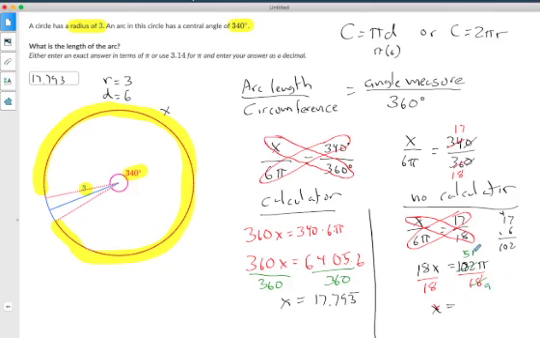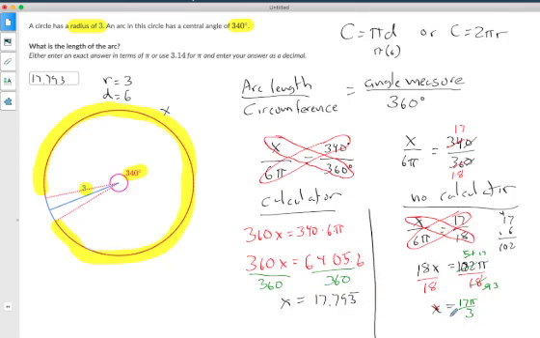And I might know that 3 goes into 51, so I'm going to divide that again. 3 times 17 is 51. And 3 times 3 is 9, so I have a 3. So I have 17 pi on the top and 3 on the bottom.